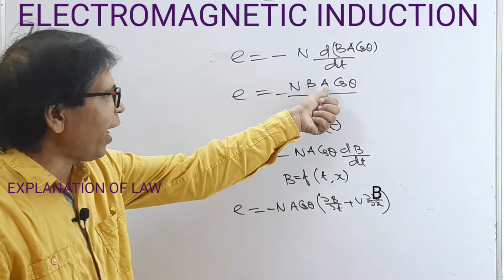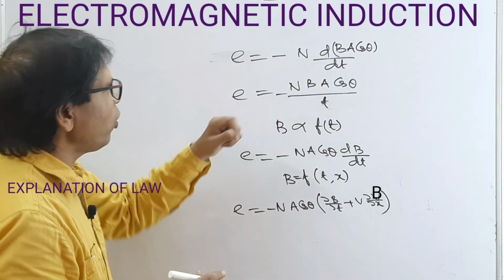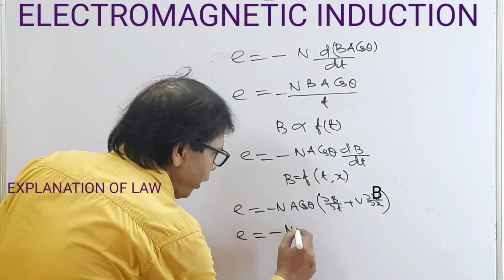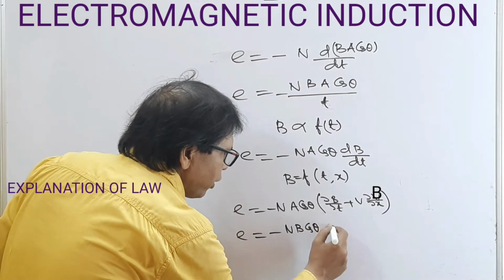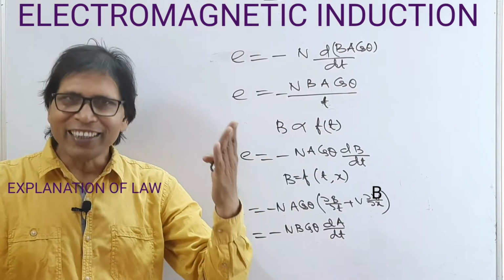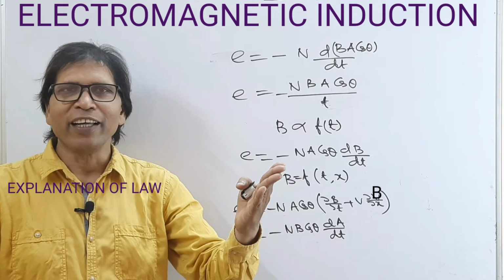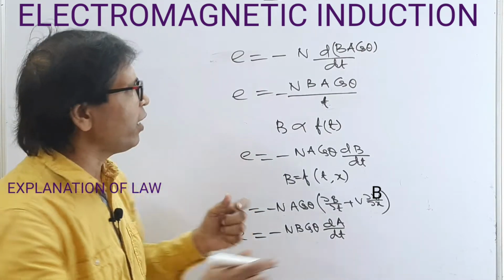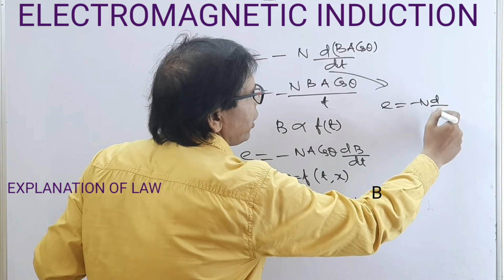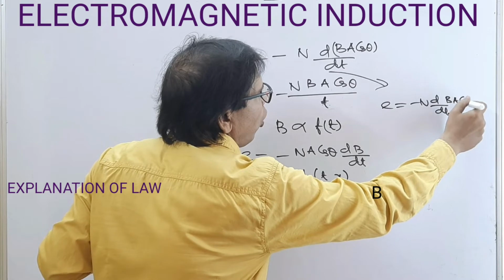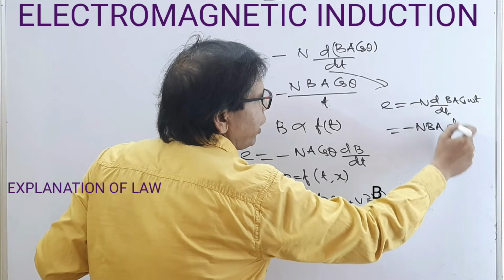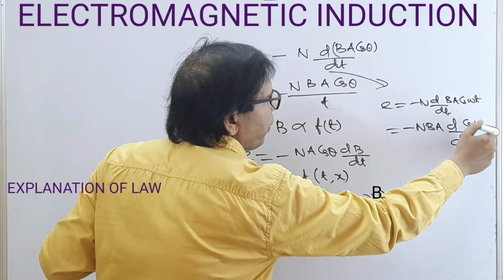Next, when area A changes, then E equals minus NB cos theta times dA by dt. Finally, when theta is a function of t, that is theta equals omega t, then E equals minus N d/dt of (BA cos omega t), which is minus NBA times d/dt of cos omega t.